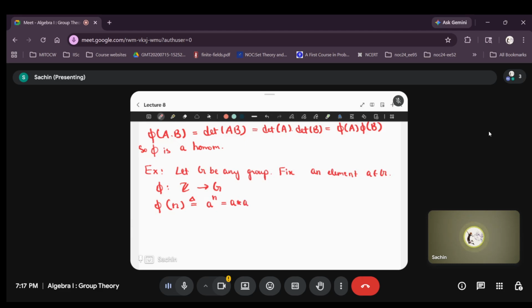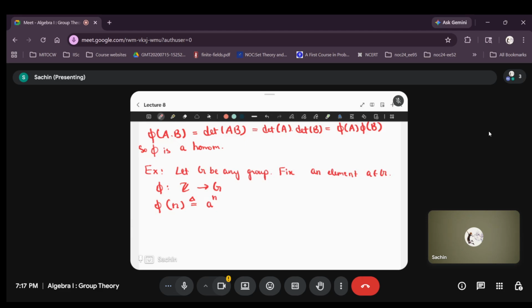If n is positive, this is A times A and so on. If n is negative, it will be A inverse multiplied like this. And I will take A power n as the homomorphism.